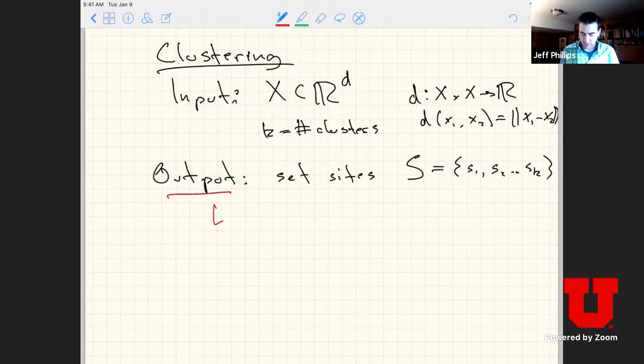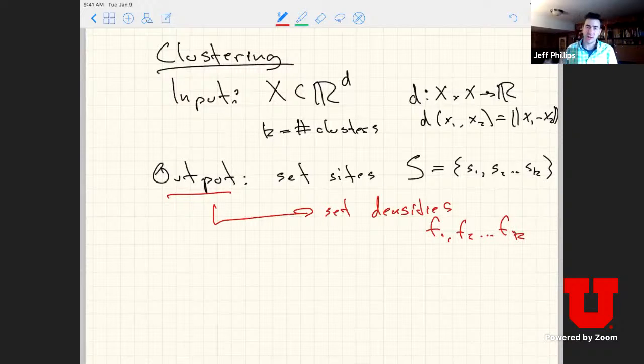Today, we're going to tweak this to a set of densities, f1, f2, up to fk. I'll build up and explain what this means, but they're still going to have a center point to them.